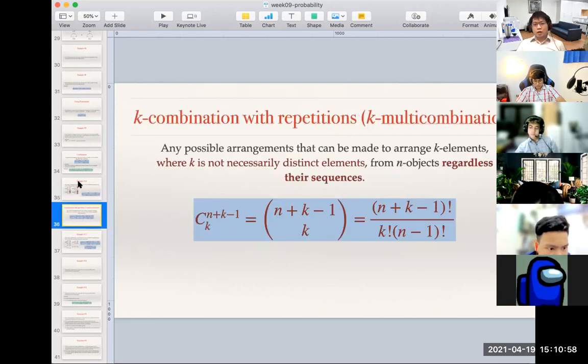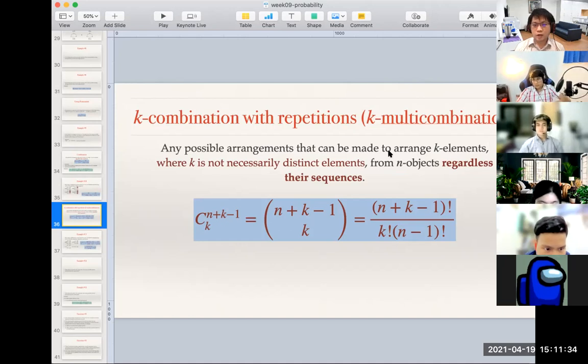Similarly with permutations, combinations also have various types. For example, this one: k combinations with repetitions, or in some textbooks, k multi-combinations. Here you are asked to create any possible arrangements of k elements, where the elements are not necessarily distinct.